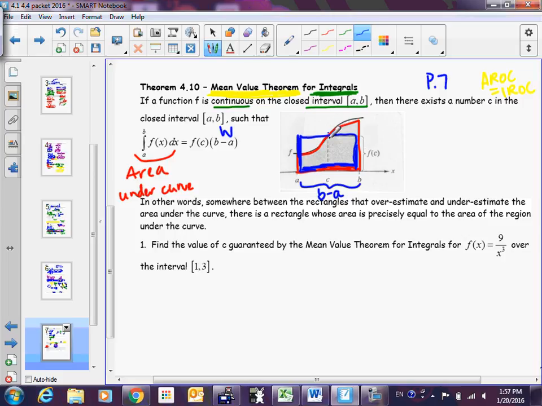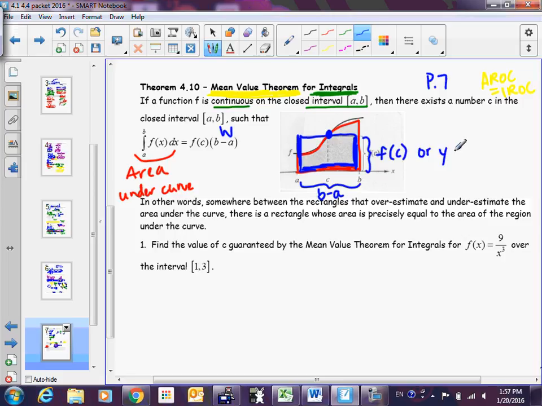The height is going to come from finding this magical height that is equal to the exact area under the curve, according to the integral. And we use f of c. If c is the magical place where this happens, f of c is the y value.